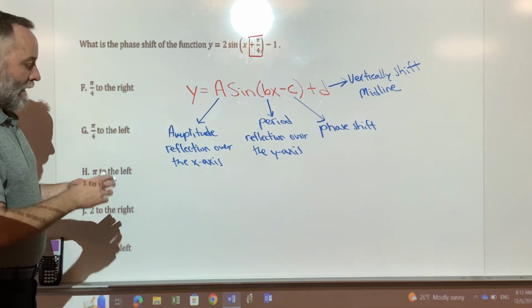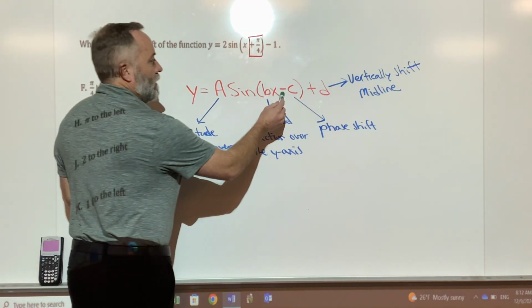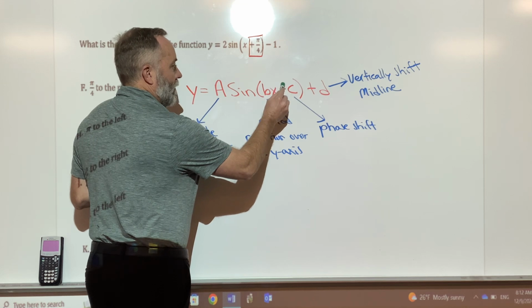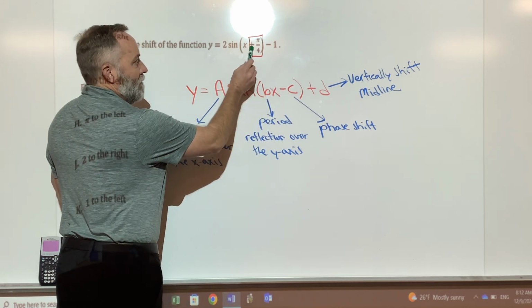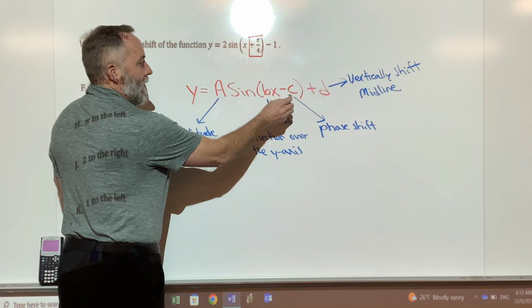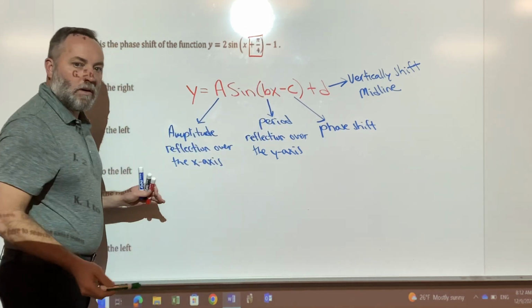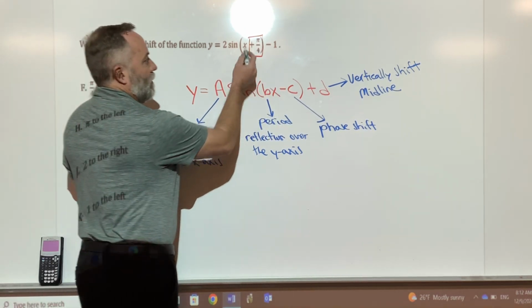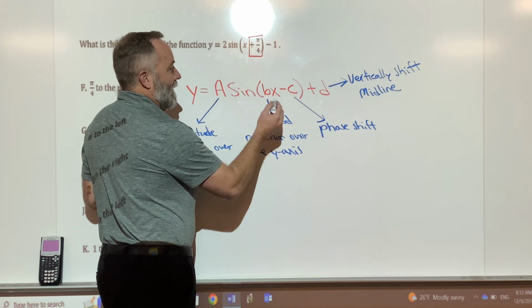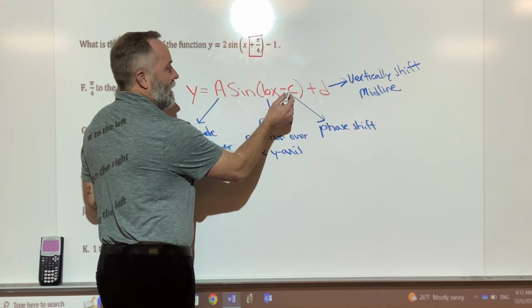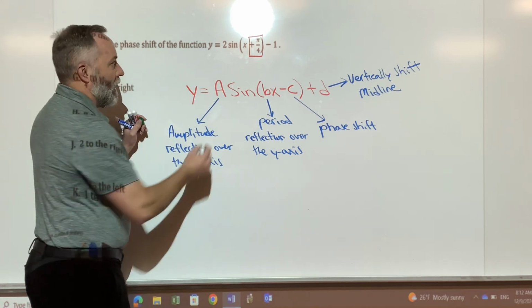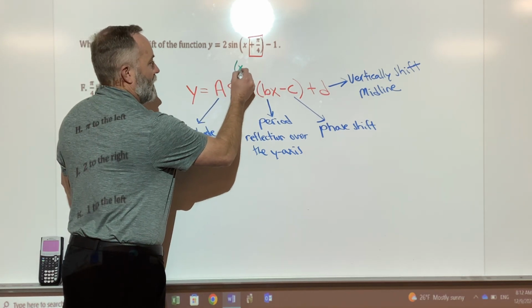Okay, so as we just said, in this formula is the negative, all right? So if this was x minus pi fourths, the value for C would just be pi fourths. But since it's x plus pi fourths, then that tells us that the value for C had to be negative pi fourths. So if I showed that, it would look like this.